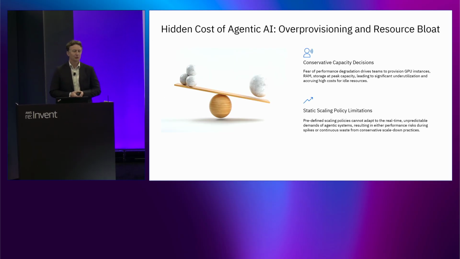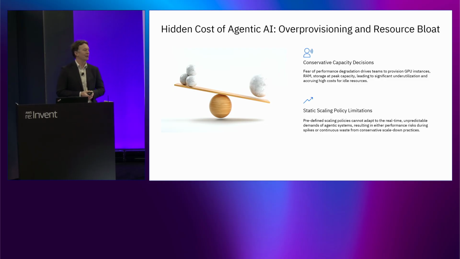Okay. So just expanding on the hidden cost of agentic AI, a lot of times what you see is over-provisioning and resource bloat. And primarily this comes down to people not making performance or resource decisions based upon averages. Usually they'll take the worst case scenario because they're worried that performance might suffer.